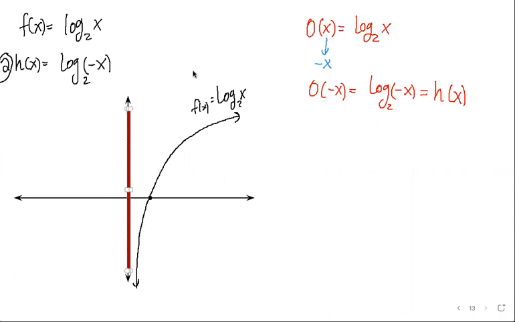Now this point, 1, becomes minus 1, and all the points are like this.